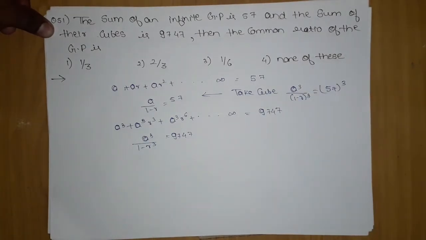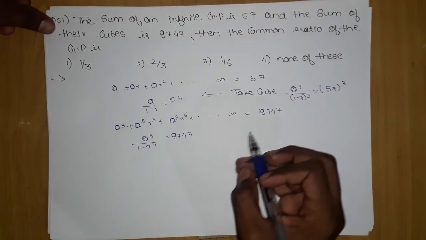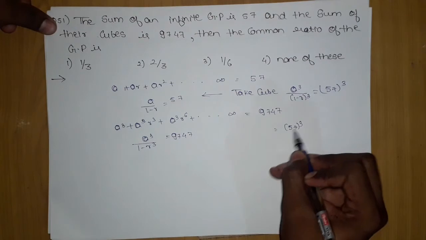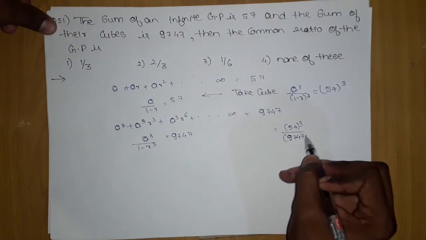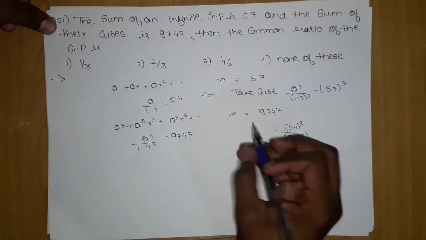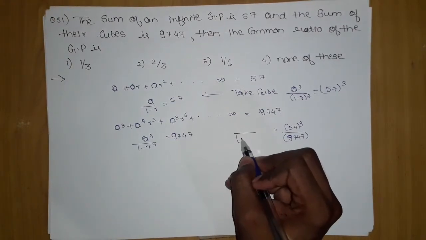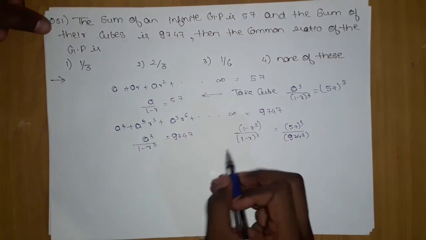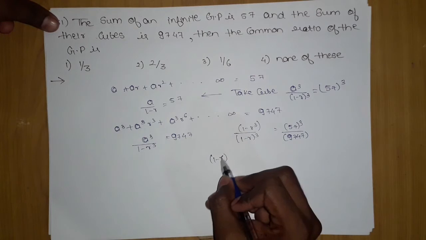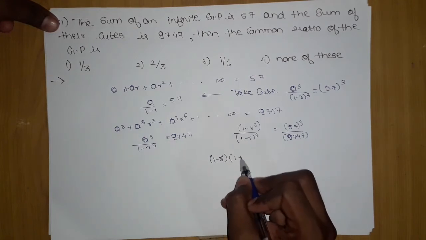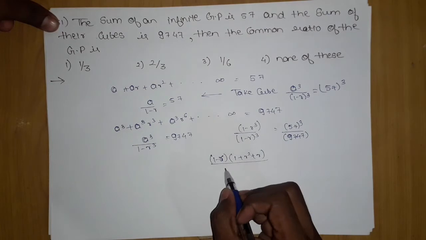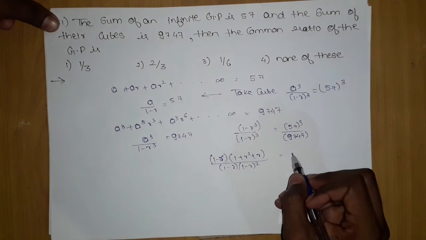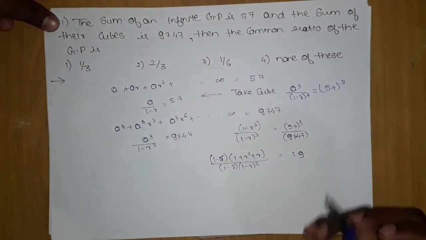So we will divide 57 the whole cube upon 9747, a will cancel out, giving me 1 minus r the whole cube upon 1 minus r cube. Here I can write this using the basic property a cube minus b cube, as 1 plus r square plus r upon 1 minus r into 1 minus r square, this will cancel out, giving me a value of 19.